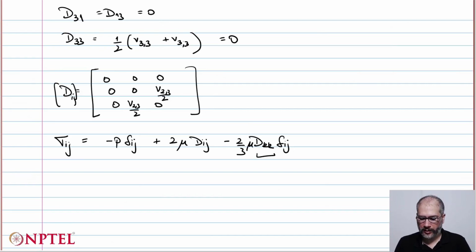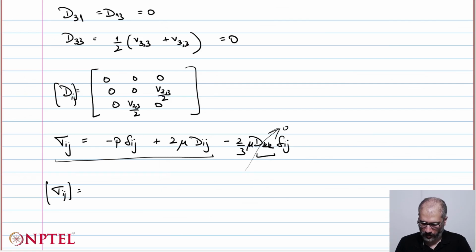That's the trace of the D tensor, and the diagonal terms of D are all zeros. So all we are left with is this part. And if I express this in the matrix notation, then my sigma matrix, that's the Cauchy stress tensor, becomes, so I add a minus p to the diagonal terms. So all my diagonal terms now become a minus p because we had 0 in the D tensor.